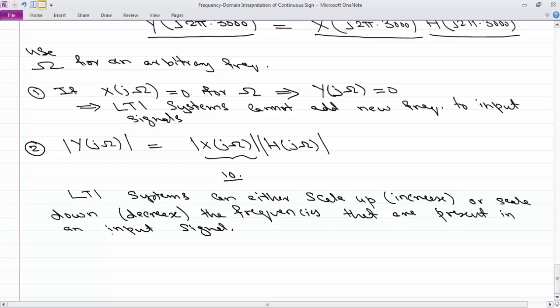Since you are multiplying the input frequency times the impulse response frequency, if h(jω) is equal to 0, then your y(jω) will be equal to 0. But in general, you can scale it up and down. Right? So if an input frequency is present in the signal, you can either increase or decrease the contribution of that signal. That's effectively what changing the bass or treble in a song is. You are increasing or decreasing the input frequencies.